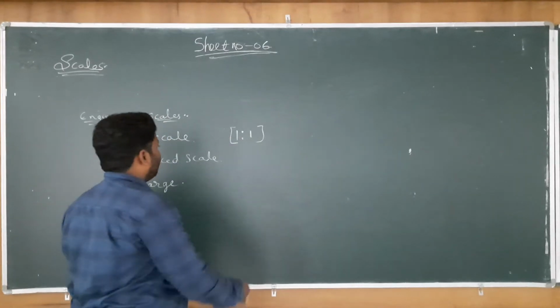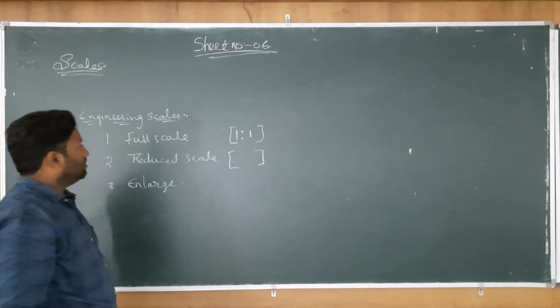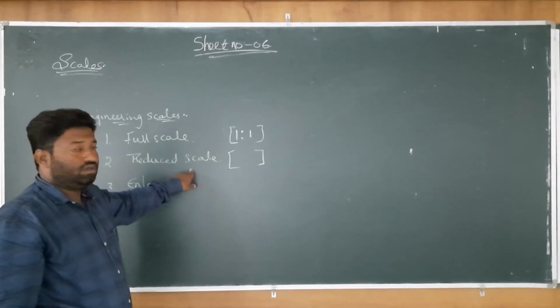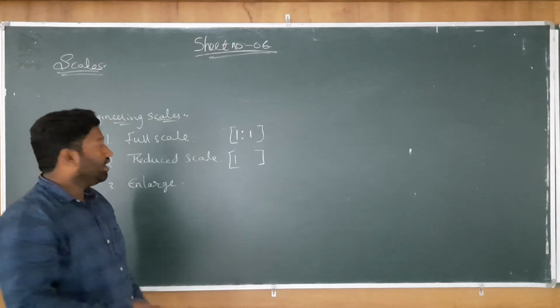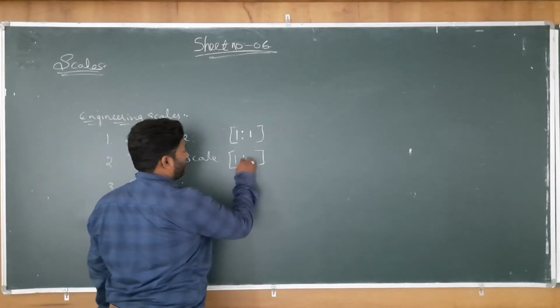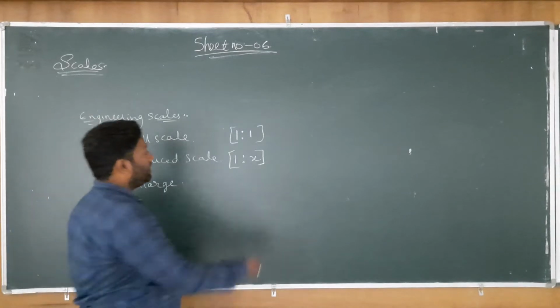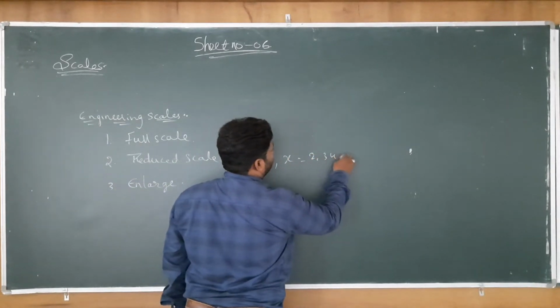Now, the second one, the reduced scale. In this reduced scale, whatever the actual length of the element is, that is nothing but 1, and we can reduce it in the drawing with the help of x. Here we can take x equal to 2, 3, 4, and so on.